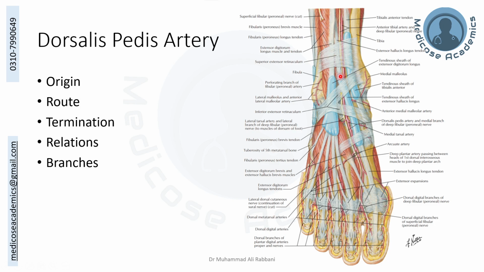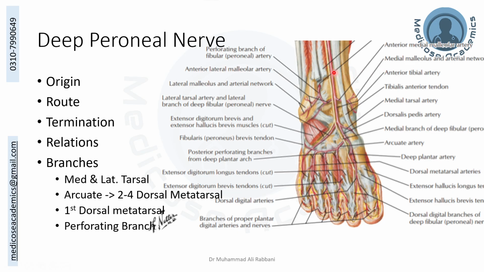And the last relation: throughout its path, on the lateral aspect of the artery there is the deep peroneal nerve, and as you go on it will convert into the medial branch of the deep peroneal nerve. So these are its relations.